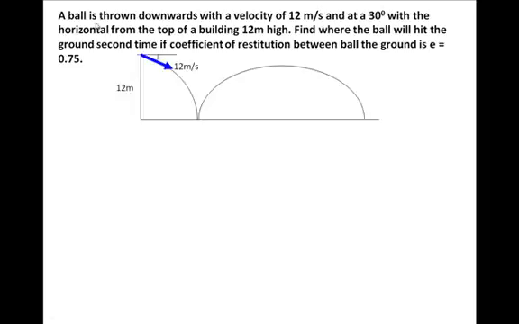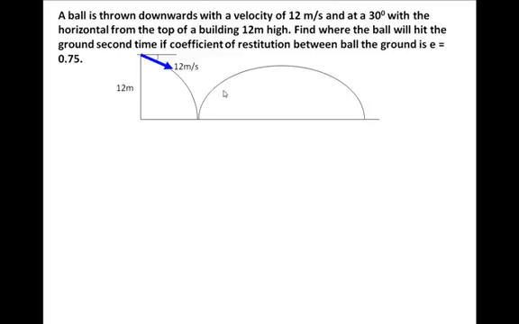Okay, let's look at one more problem. It says a ball is thrown downwards with a velocity of 12 meters per second at an angle of 30 degrees with horizontal from the top of a building 12 meters high. See this 12 meter height, this is thrown, this is 30 degrees. Find where the ball will hit the ground the second time if the coefficient of restitution between the ball and the ground is 0.75.